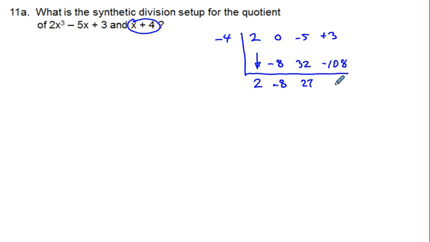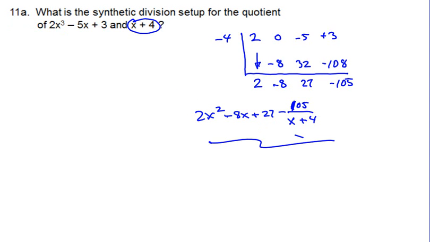And then our remainder is going to be negative 105. So our answer would be 2x squared minus 8x plus 27 minus 105 over our divisor, which is x plus 4. And yeah, that's 105.